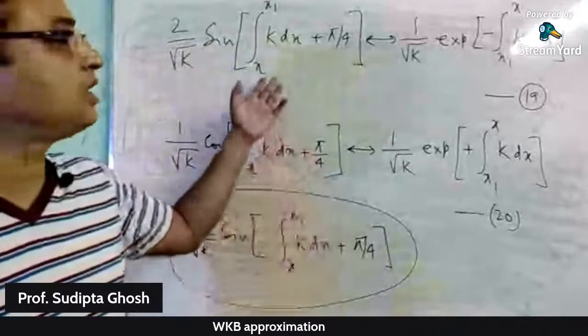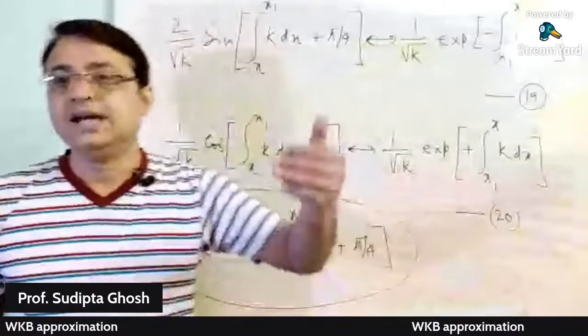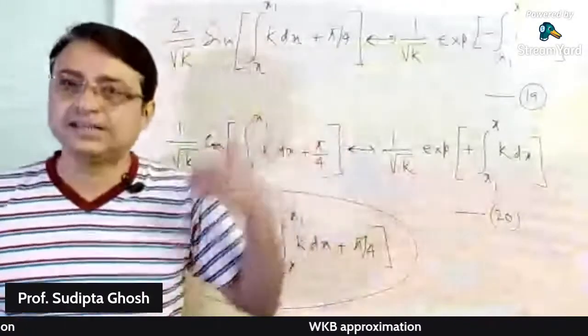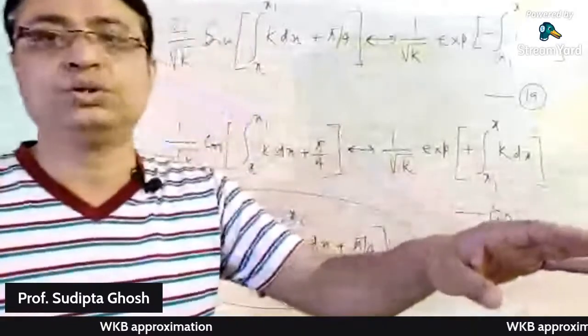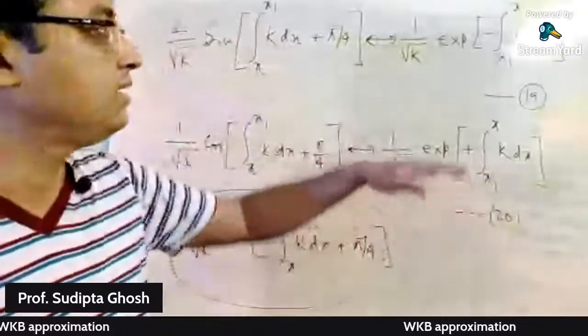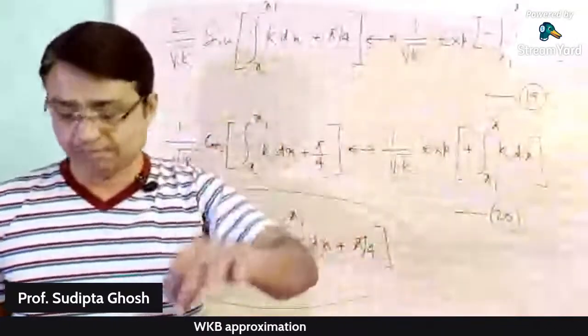So a solution of this type in region x less than x1, that is in the classical region, will move on to region 2, that is the non-classical region, with an exponentially decaying term.